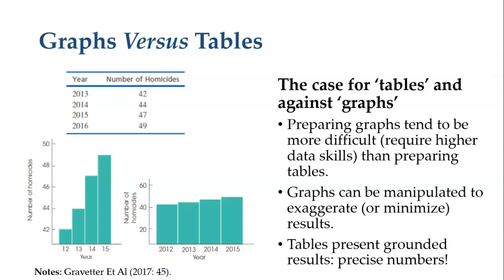Especially with descriptive statistics, tables give us grounded results, precise numbers that you can use to make a strong case about the change between variables, or the effect of one value of the independent variable on the dependent variable.